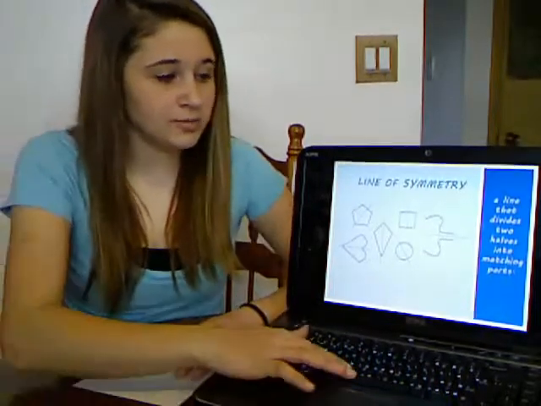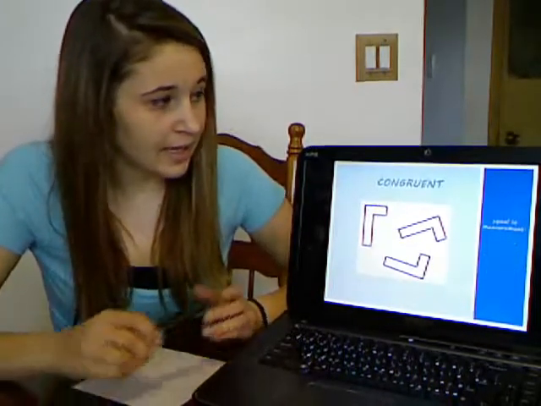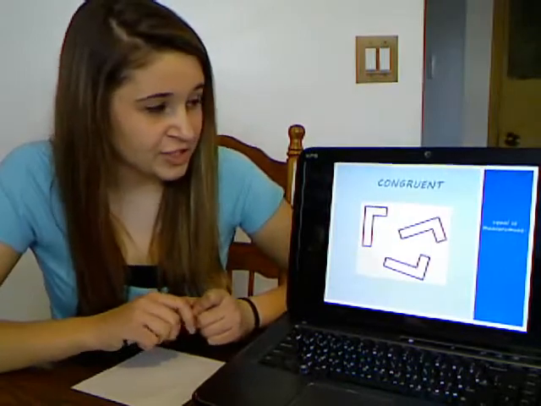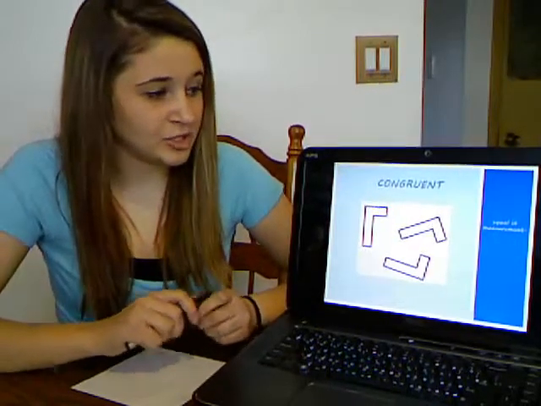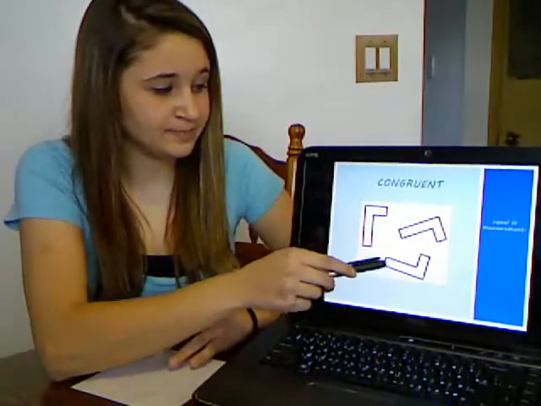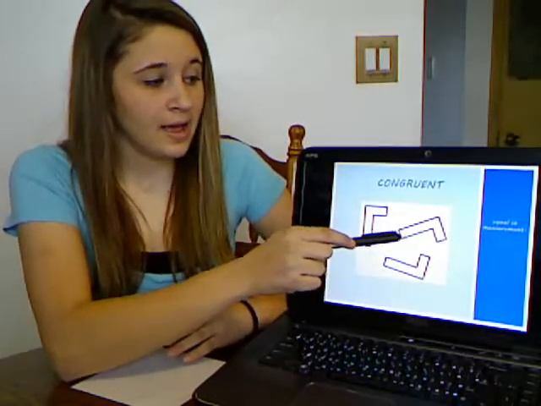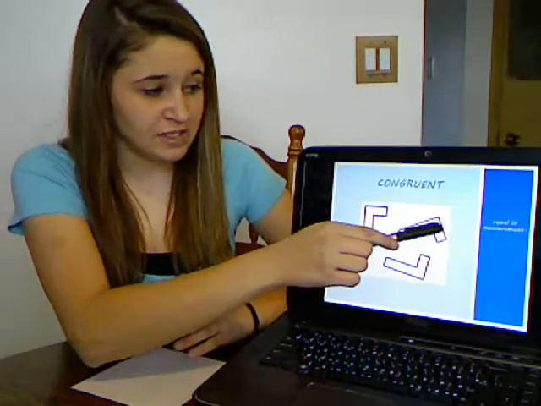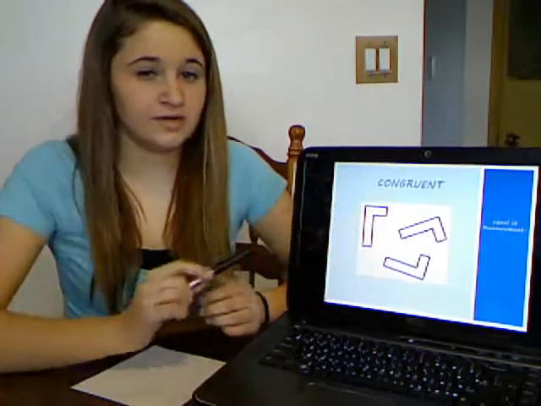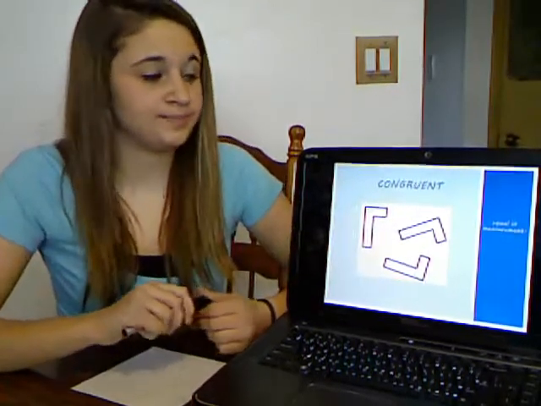Now that we know our terms, we're going to go ahead and cover the congruent one too, which is equal measurement, and as you can see, the 3 shapes are all congruent to each other because they all have the same amount of sides and angles, even though they're not going the same direction.